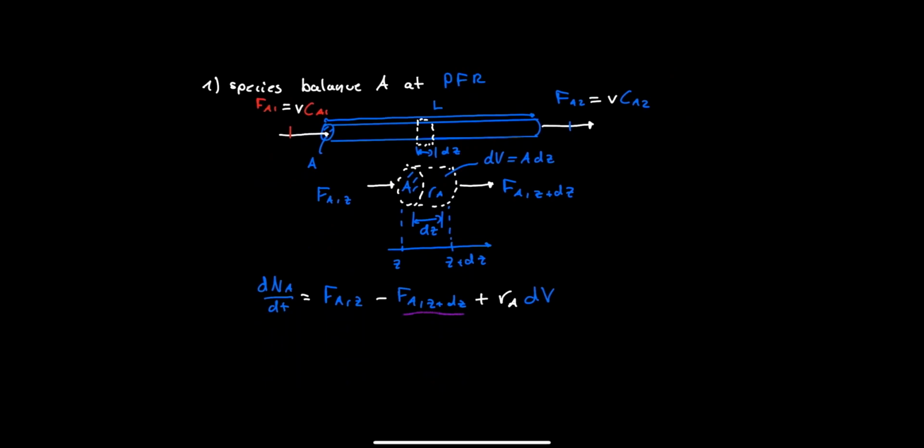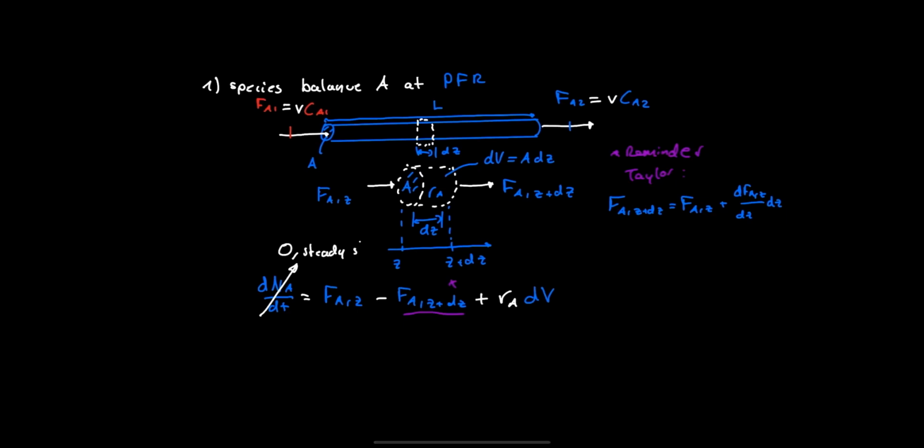As a quick reminder for this term, we use Taylor to expand it. So Fa at position z plus dz is equal to Fa at position z plus the change of Fa at position z with respect to z times dz. And the change of the species A with respect to time is going to be equal to 0 because we have steady state.